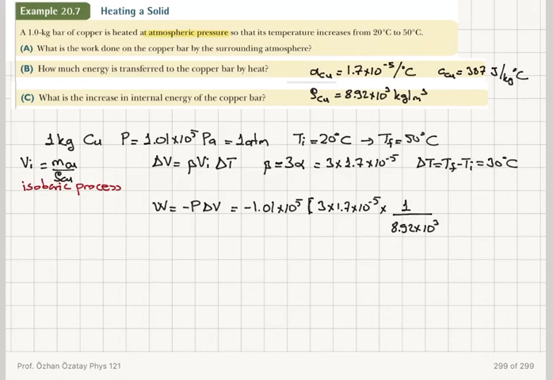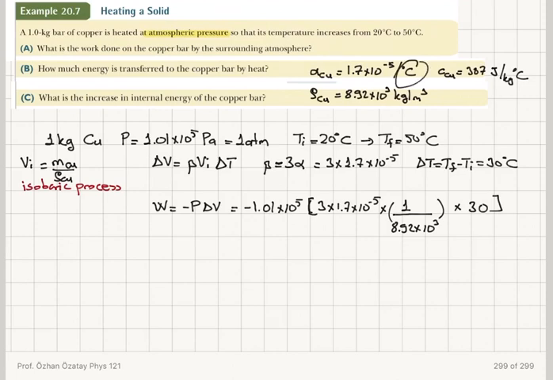That's the initial volume. Times delta T, T final minus T initial, 30 degrees Celsius, and this has to be kept in degrees Celsius because of the unit here for alpha.